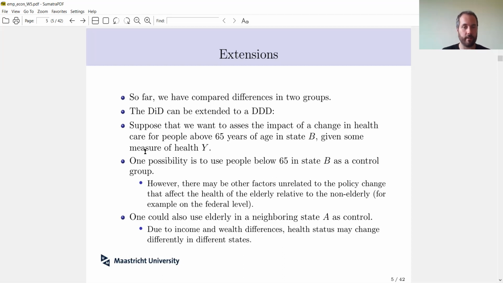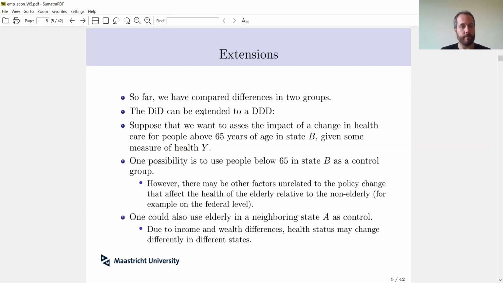So for instance, in our example here, we have a change in healthcare policy, and that affects only people that are at least 65 years old. And this change in healthcare policy only happens in state B. So we have some change in the policy and we measure our outcome variable, which is some measure of health, whatever, right?